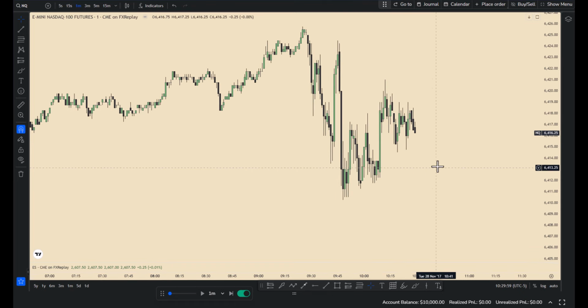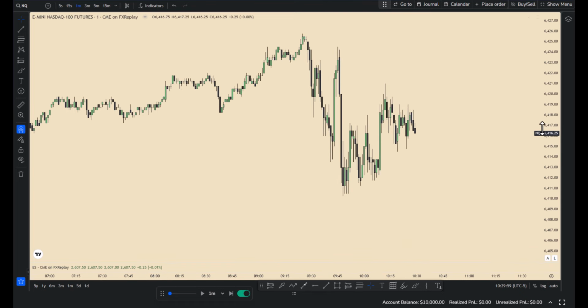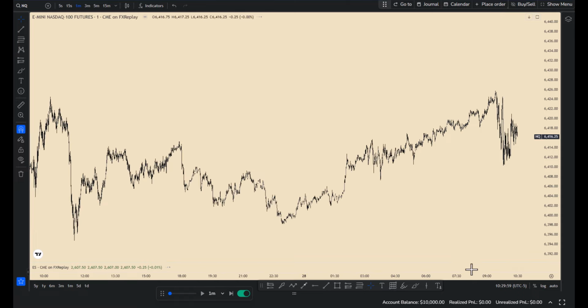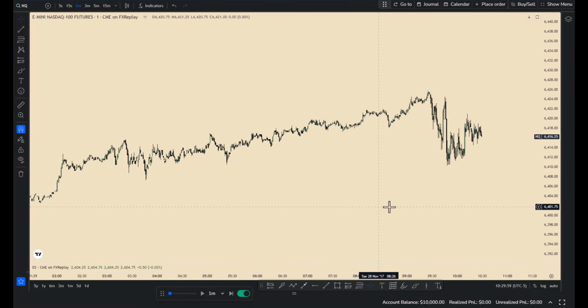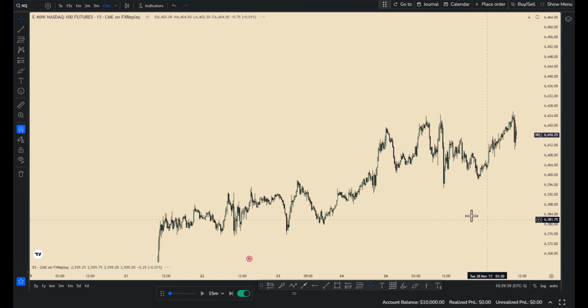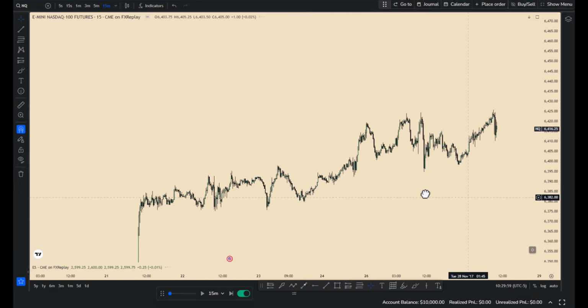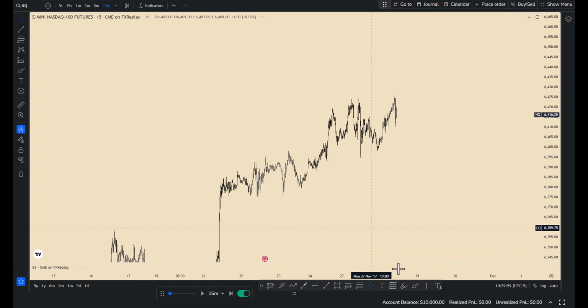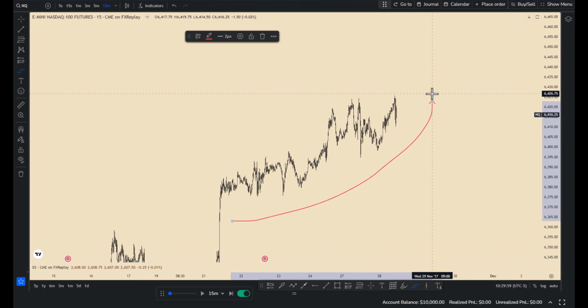So let's see. First of all, identifying the trend. Let's go to our time frame. Clear uptrend.